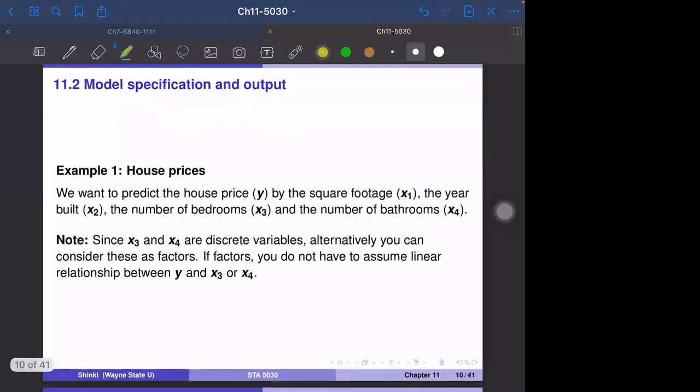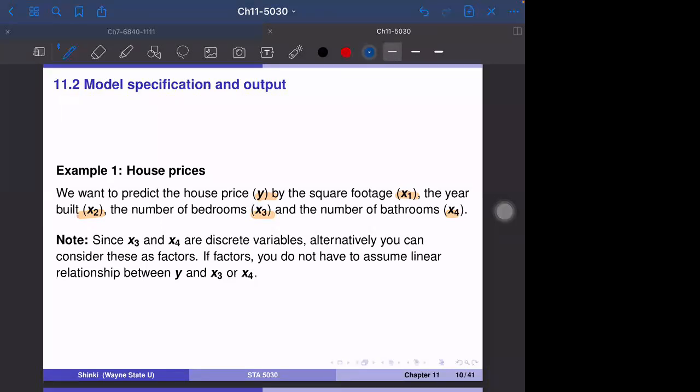For example, we want to predict the house price by the square footage, the year built, the number of bedrooms and the number of bathrooms. Then we have the price as y, and the square footage, the year, the bedrooms and bathrooms are x1 to x4. x3 and x4 are discrete variables, so you cannot have 2.3 bedrooms, it's just an integer, probably from 1 to 5.